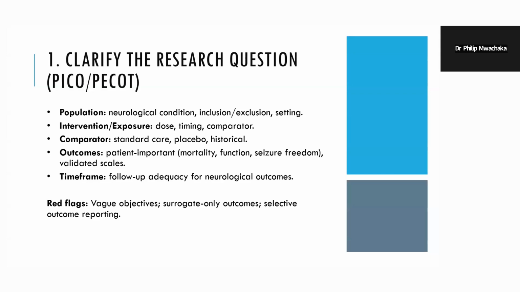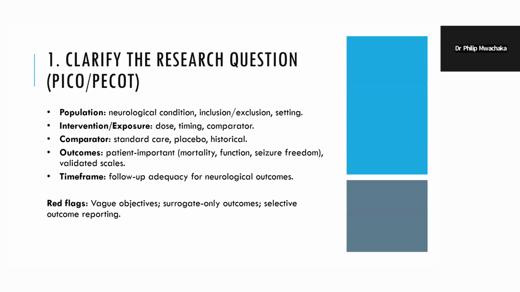So we're just trying to test this intervention, and then you look at the comparator. And the comparator could be maybe the usual standard of care, if there's a drug used to treat that condition. So we need to see whether that was clearly stated. Was there a placebo or maybe a historical comparator?